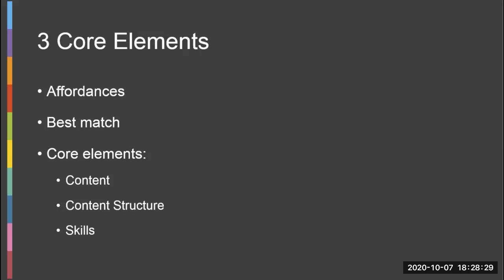Firstly, acquiring knowledge of facts, concepts, and data, and so on. And secondly, using that same knowledge to develop skills. So, two things. When it comes to the core elements, we said it's the content, structure, and skills.